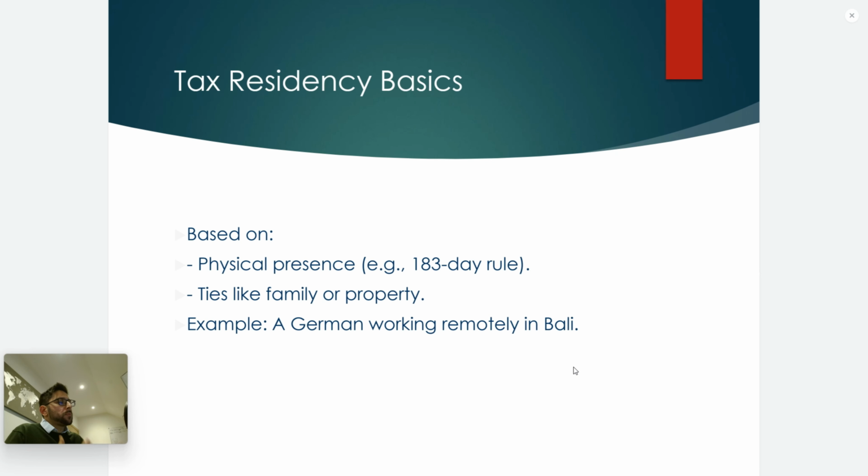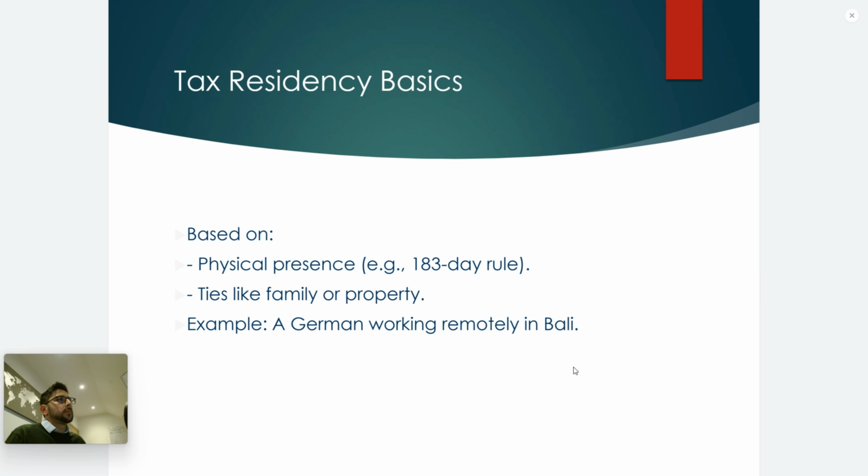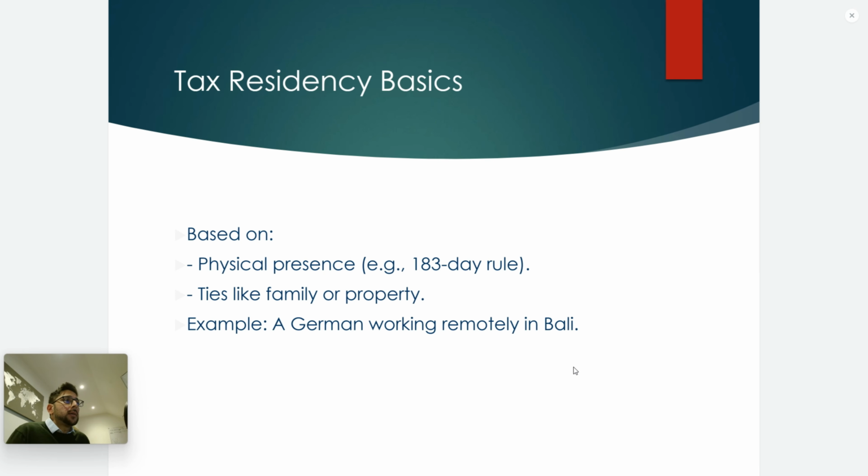Which means that if you spend more than 183 days in a given country during a tax year, normally from the 1st of January up to the 31st of December, but there are some exceptions around the world, you are likely considered a tax resident in that country. However, residency isn't just about days spent in a country, because other factors must be taken into account, such as where you own your property, where your family lives, or where your economic interests lie. Those elements can play a big role.